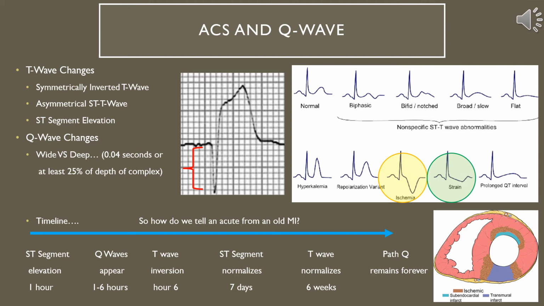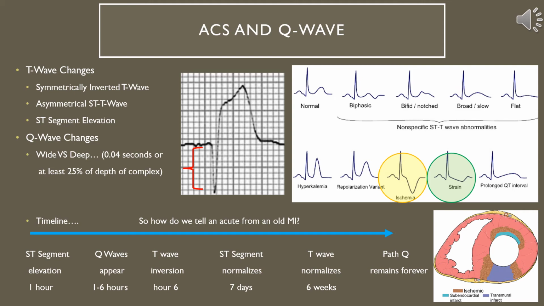Generally, it's an indication of myocardial ischemia or bundle branch block or ventricular hypertrophy, that strain pattern. You can also have these kinds of changes with pulmonary embolism, raised intracranial pressure. So there are lots of different causes besides just myocardial infarction that can cause an inverted T wave.